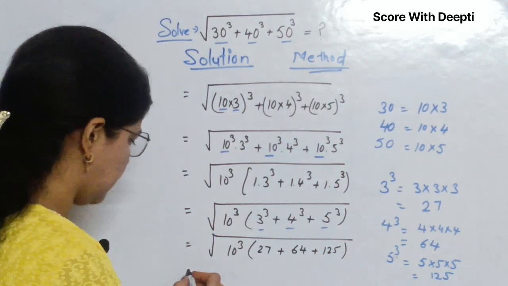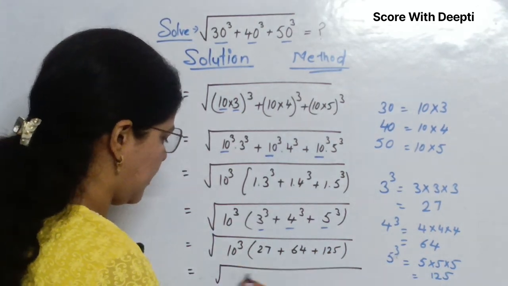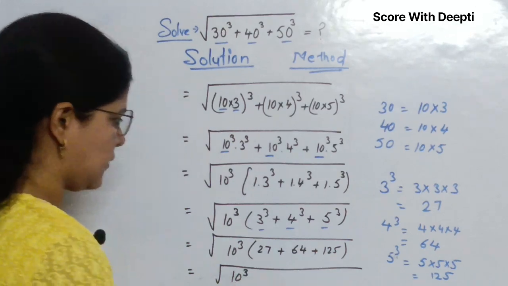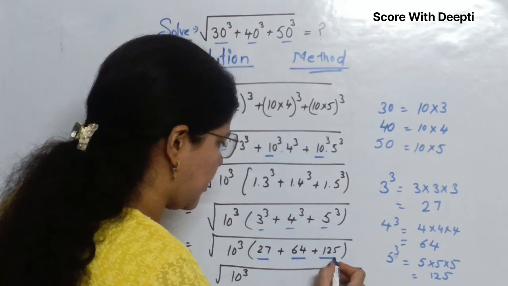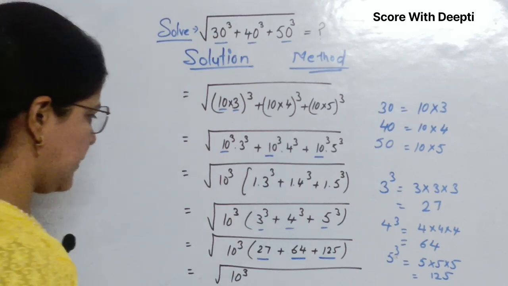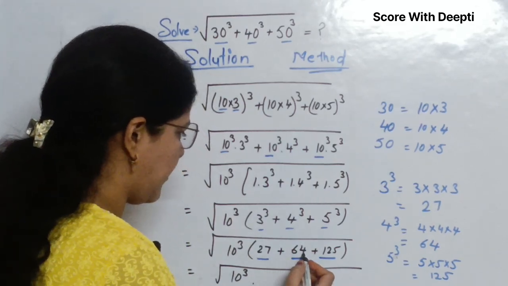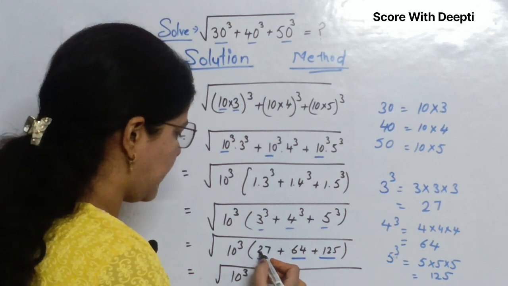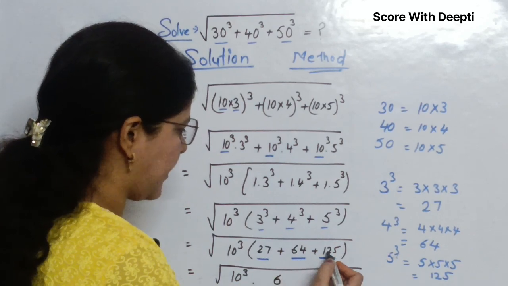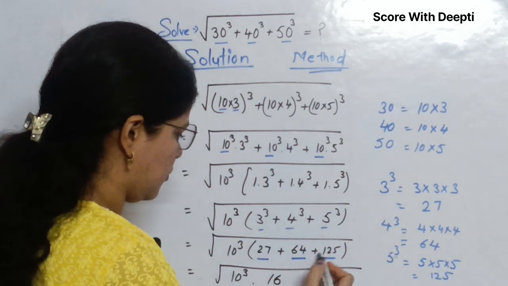Next, square root under 10 cube. Now we will add 27, 64 and 125 and we get 216.